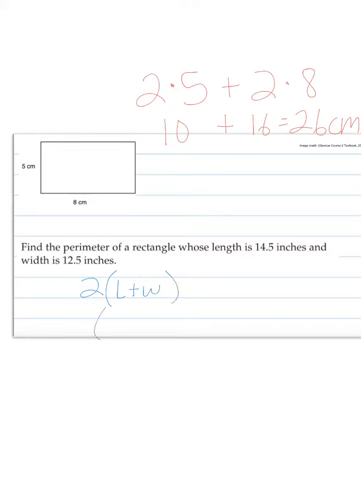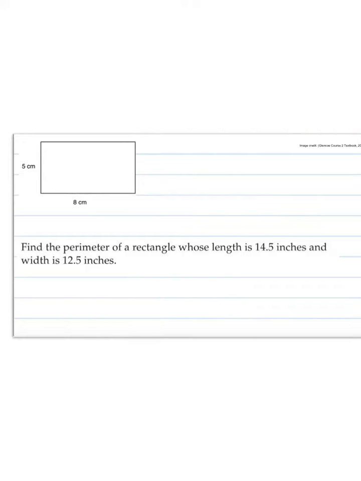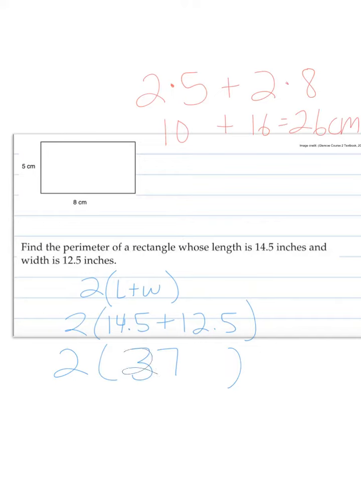The length is 14.5 and the width is 12.5, and we're taking all of that times 2. 14.5 plus 12.5 is 27. Sorry, that would be 27. So 2 times 27 would be 54 inches.